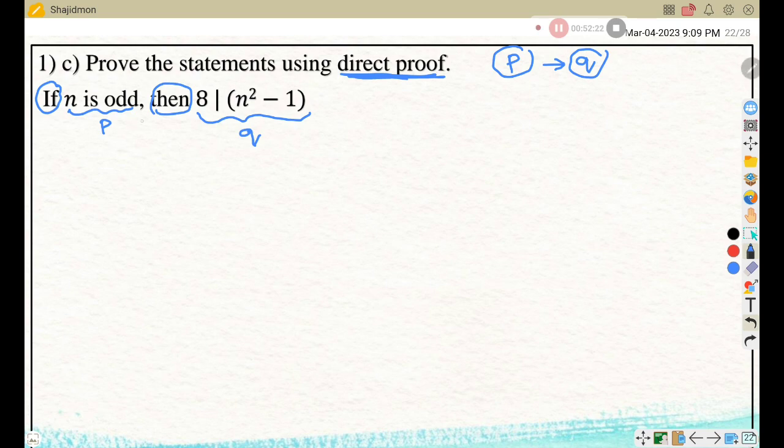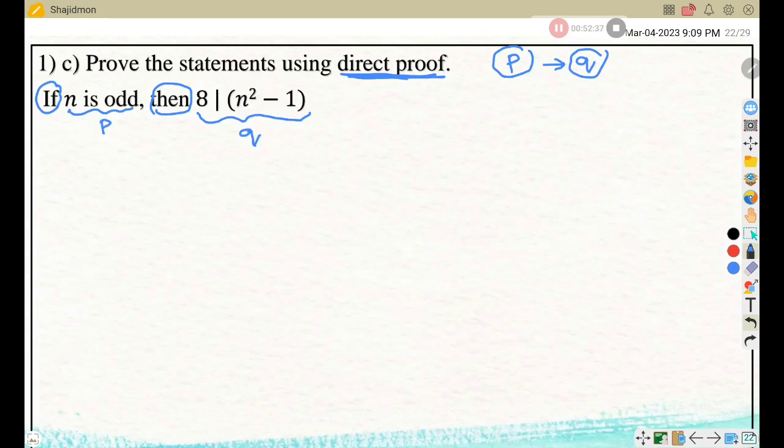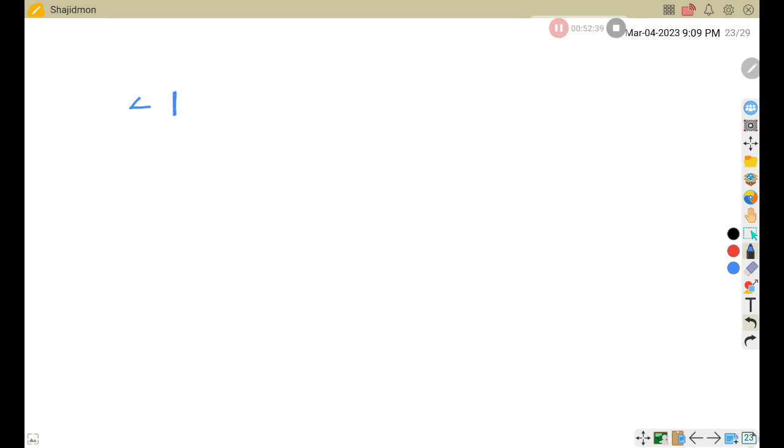So what is the question? If n is odd, then 8 divides n square minus 1. What is this symbol? Maybe you know that one, a divide symbol, correct? For example, I can ask, 2 divides 4 or not.